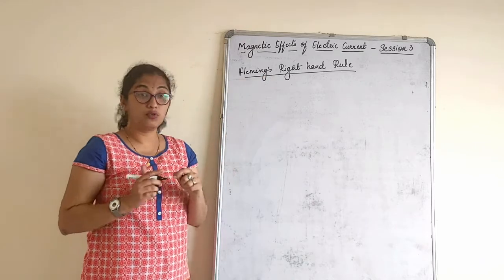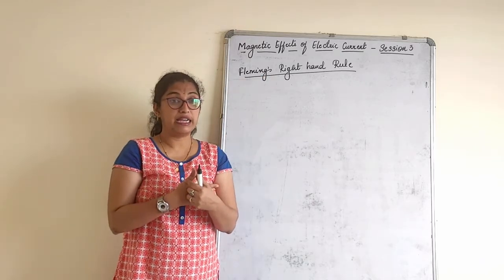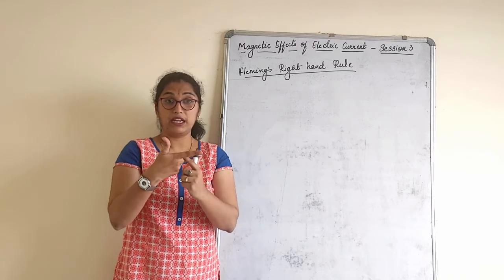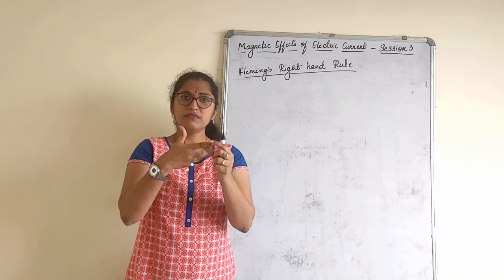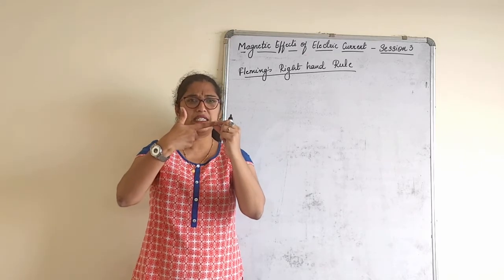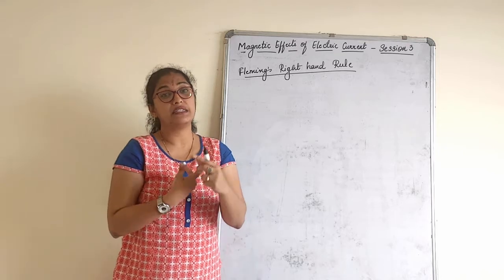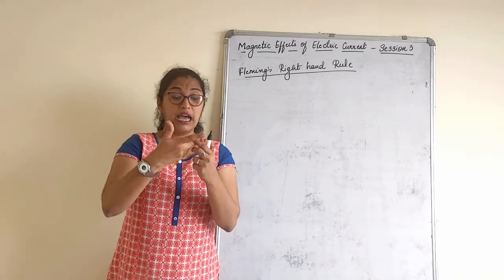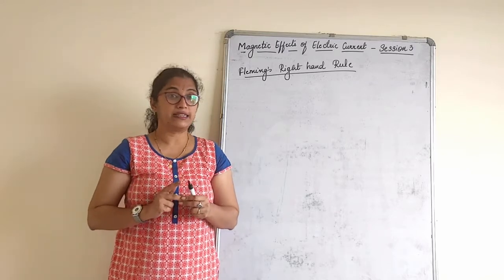Fleming's right hand rule is, again, arrange the first three fingers of your right hand such that they are mutually perpendicular to each other, as we had done for the left hand. Again the same thing: the forefinger represents the magnetic field, the thumb, the main finger, represents the motion of the conductor, and the center finger represents the induced current here.